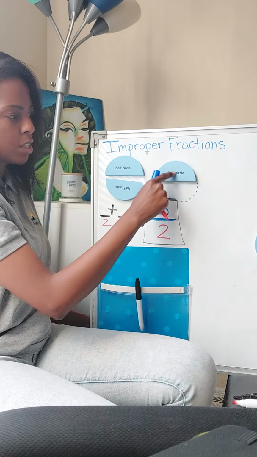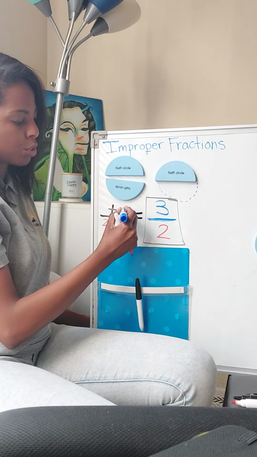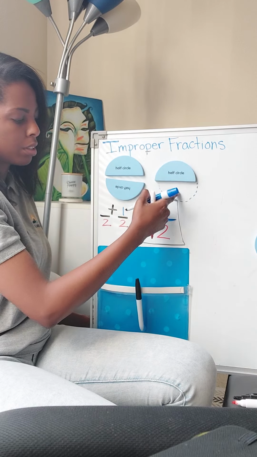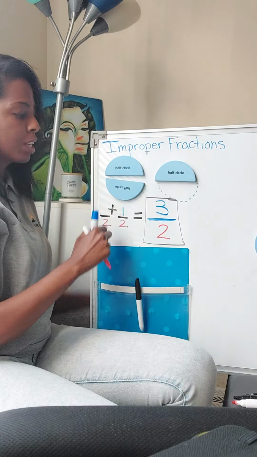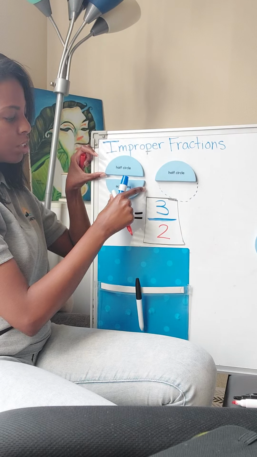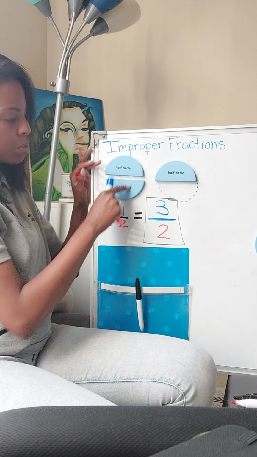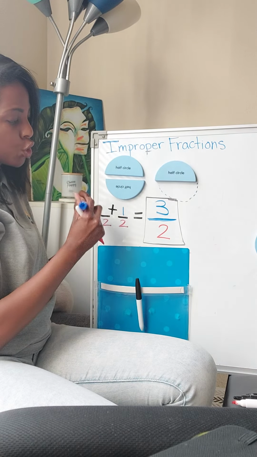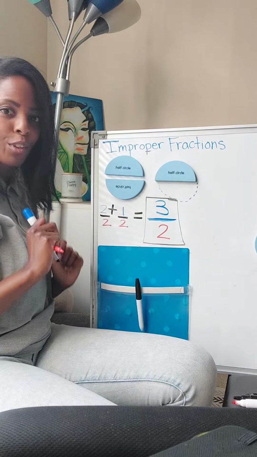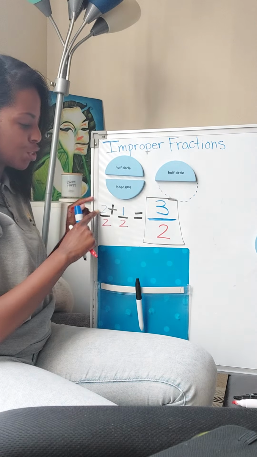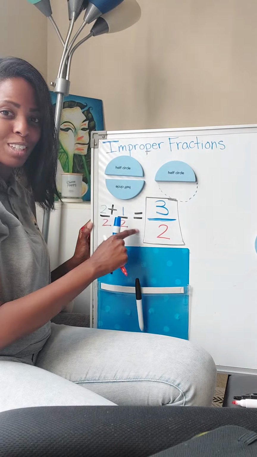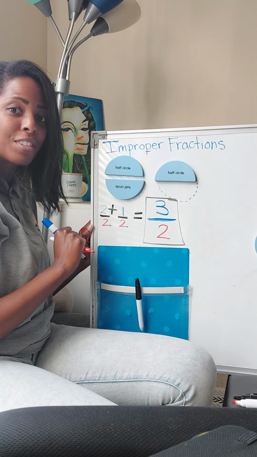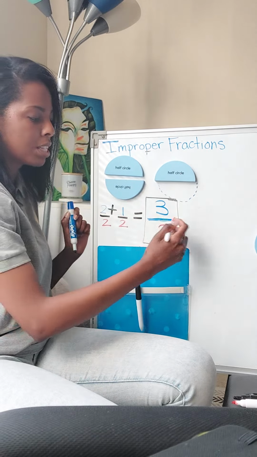Only 1 part. So this fraction represents 1/2 of the whole, and this model represents 2/2 of the whole. So 2/2 plus 1/2 equals 3/2.